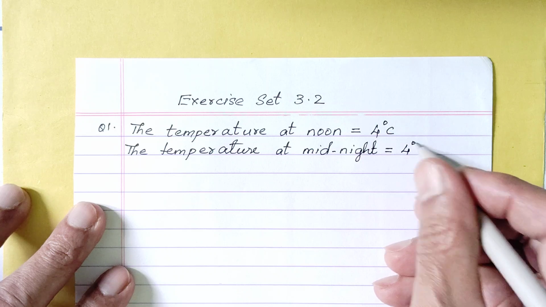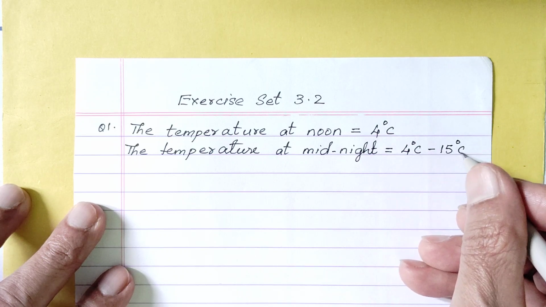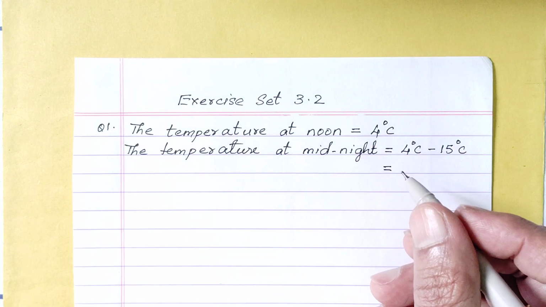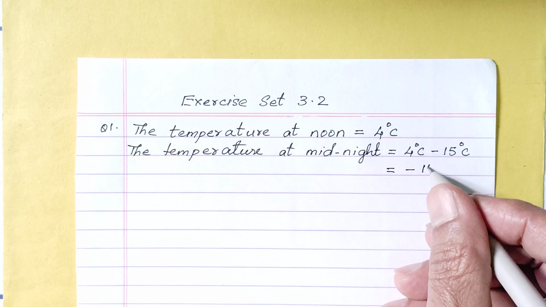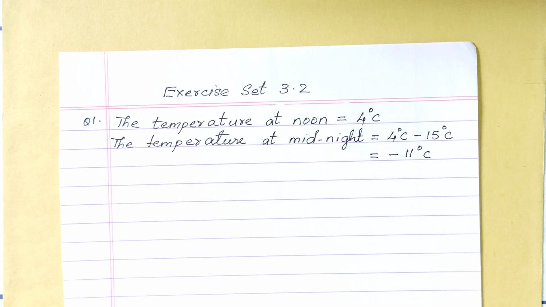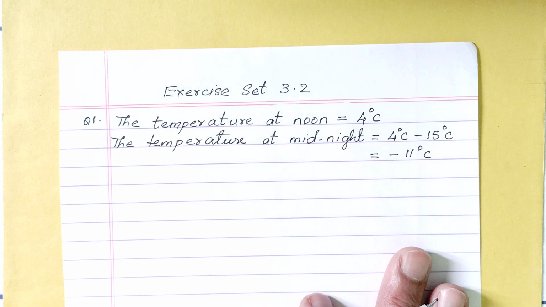So 4 degrees Celsius minus 15 degrees Celsius. So temperature at midnight will be minus 11 degrees Celsius. So the temperature at midnight is minus 11 degree Celsius.